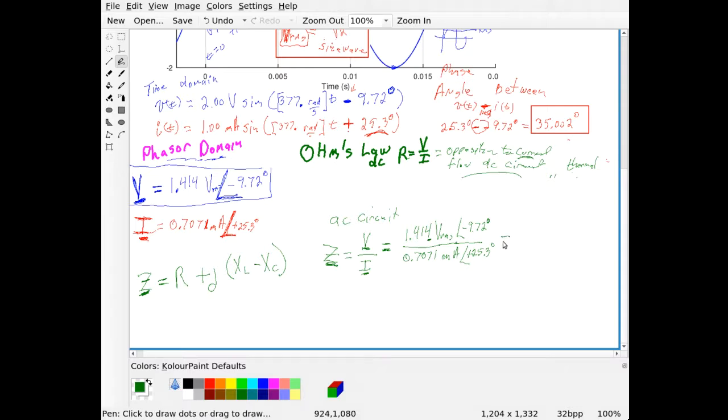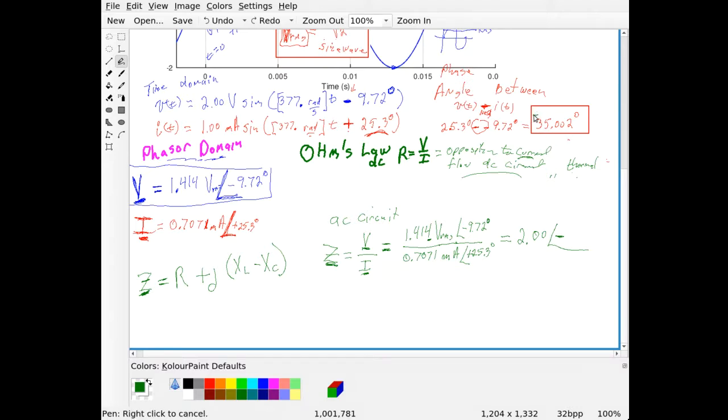And so if we calculate this now, we're actually going to get 2.00 at an angle of minus... Now, I calculated the angle up here, but I didn't actually specify whether it was positive or negative.